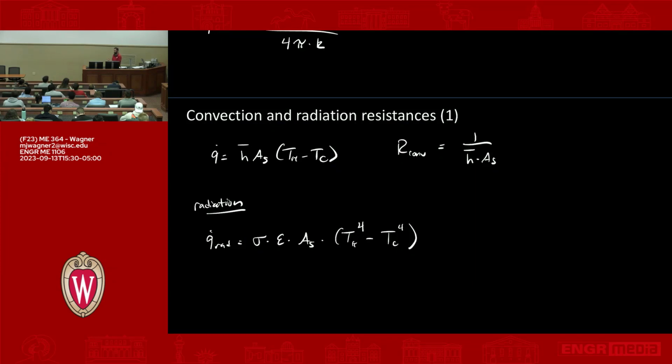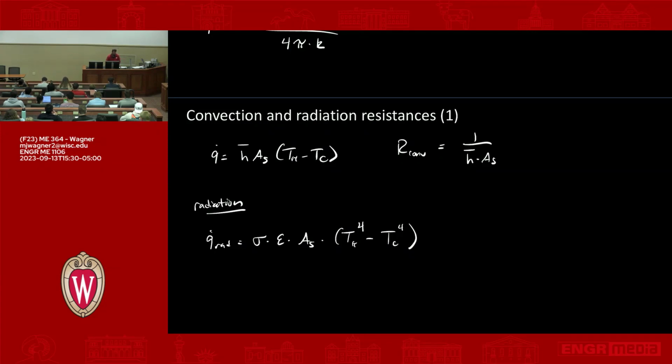So we have to think about how we can maybe express this in the same way. If we want to use a radiation resistance model, we have to express it in terms of just a potential, a straight one temperature minus the other. There are some kind of weird steps that we can go through to get to that. I'll do that quickly, maybe the last thing we do here.